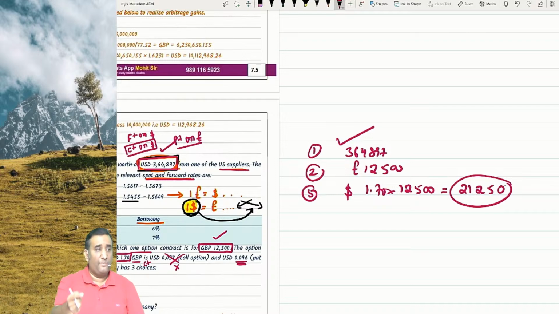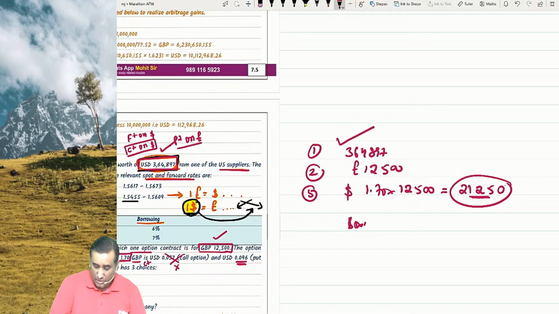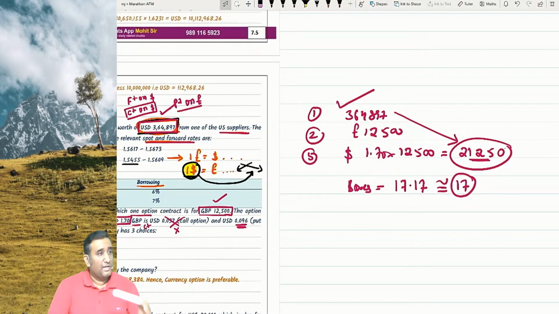Total how much dollars we require? 364,897. If I'm getting in one box 21,250 dollars, then how many boxes or contracts should I do? 364,897 divided by this, how much? 17.17. Since it cannot be in decimals, we'll do 17 contracts. Now in 17 contracts, that means from home I'll take 17 boxes of pound and I'll bring back 17 boxes of dollar.